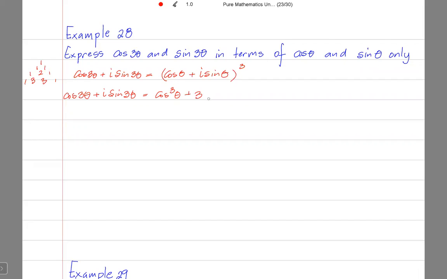Now the power of cos is going to decrease and the power of i sine is going to increase. So this is cos square theta multiplied by i sine theta.